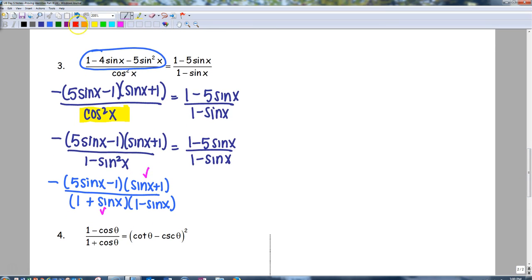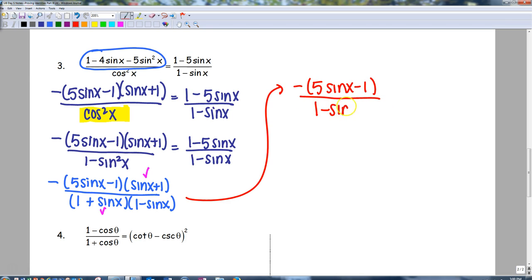Okay, so now I have negative 5 sine of x minus 1 over 1 minus sine of x. And we can see we're really, really close. So the only thing we're going to have to do is distribute our negative back.